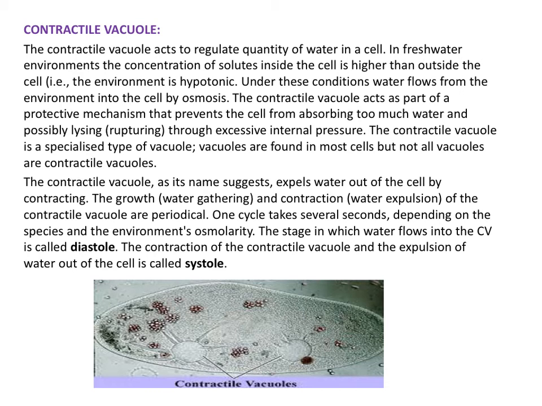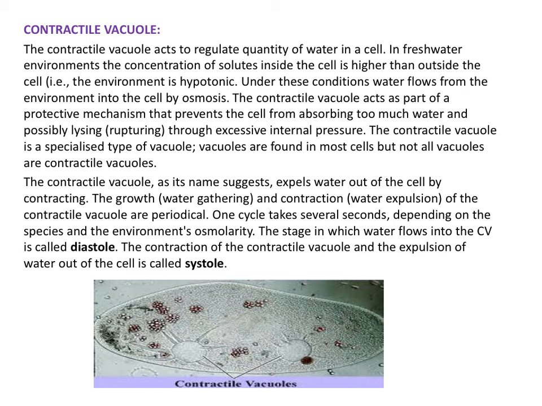So there is a period whereby the water is accumulated and then the contractile vacuole contracts and water is expelled. One cycle takes several seconds depending on the species and the osmolarity of the environment.